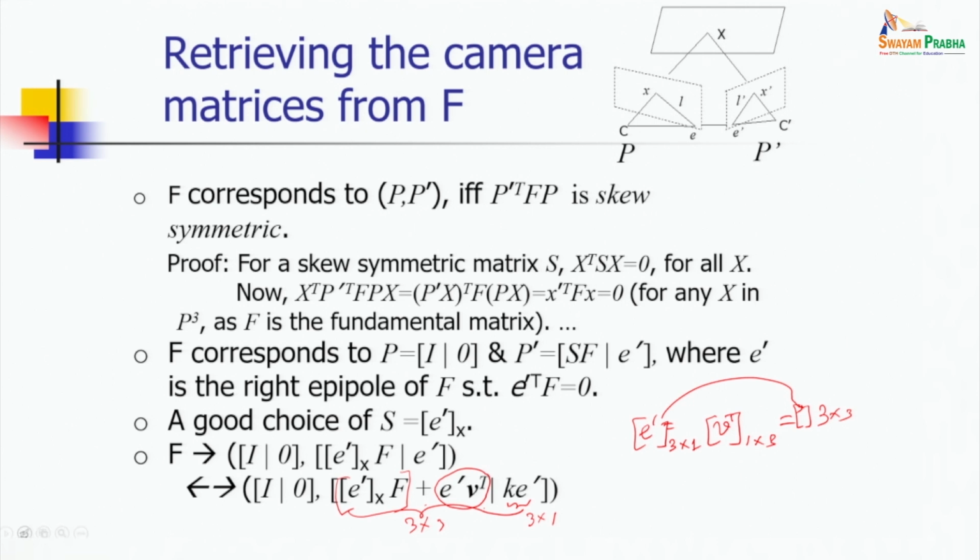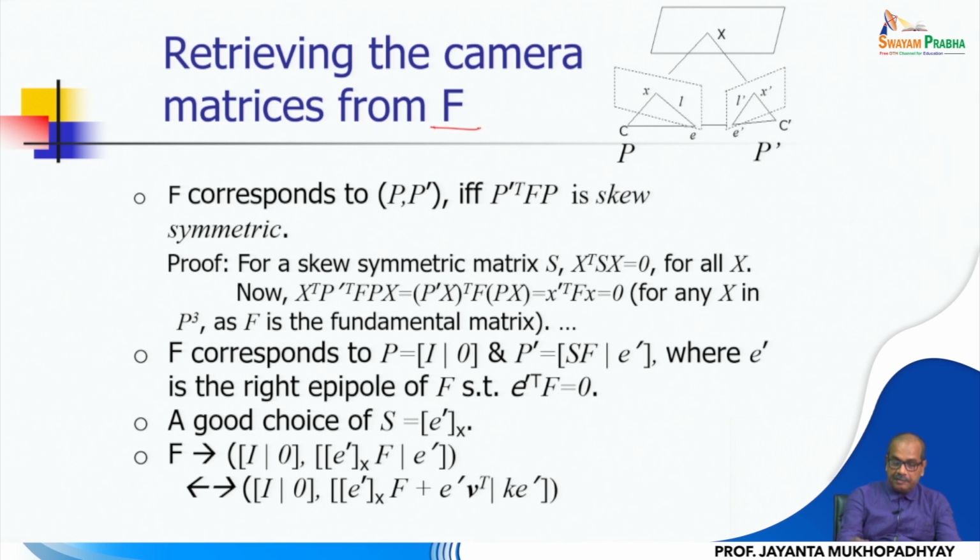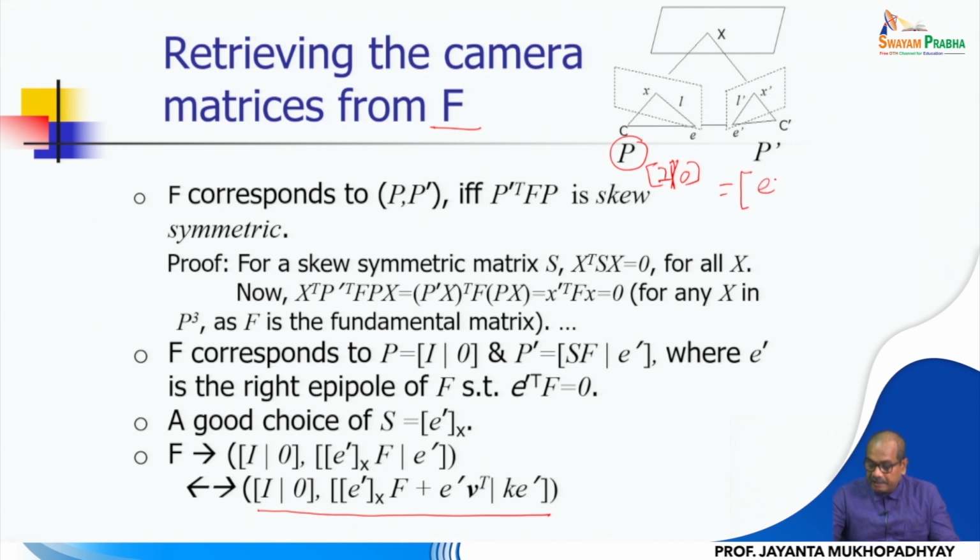So just to summarize here, if I give you a fundamental matrix F, then the generic plausible solution would be, given this camera matrix in the canonical form [I | 0], P prime would be equal to [E prime cross F plus E prime V transpose | K E prime].